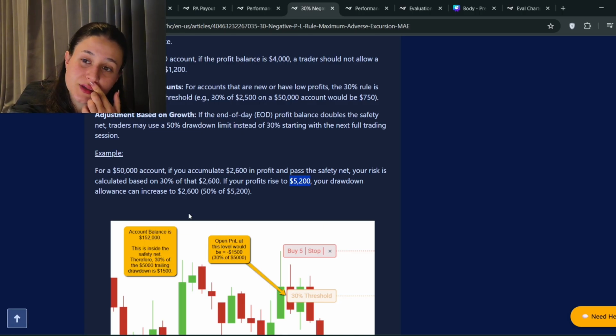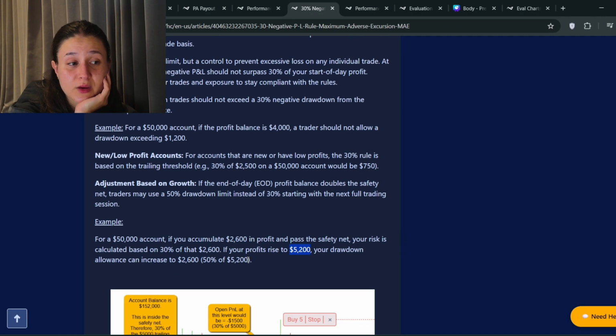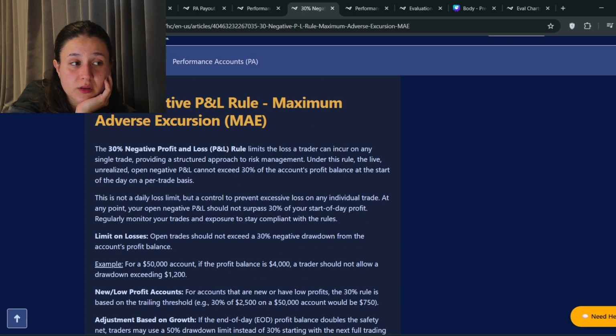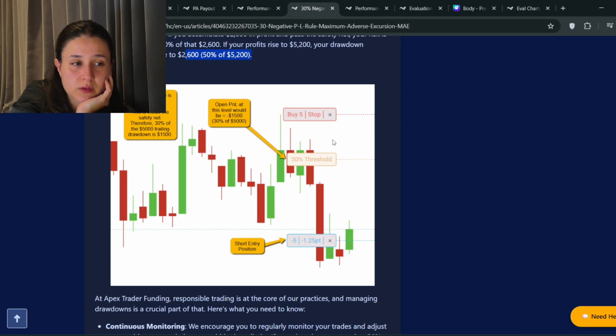So you first need to be careful of not losing 30% of your total profit, and then when you reach this amount, the negative P&L rule will go to 50%. Well, charts will show you this very simple.